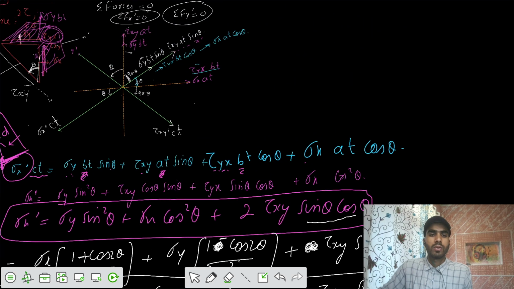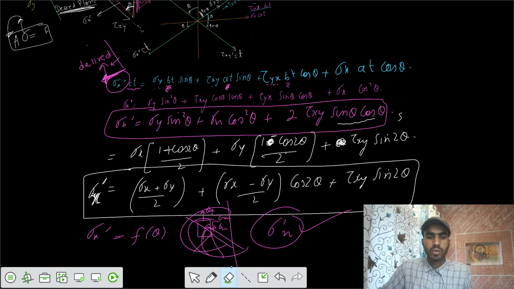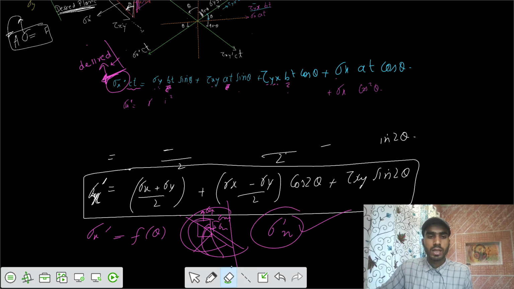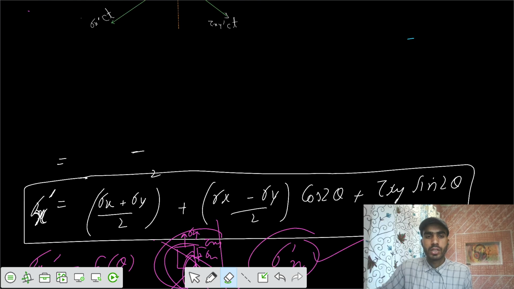So we have to balance those forces along the y dash direction also. We got one result, sigma x dash. So let's balance now along that y dash direction.